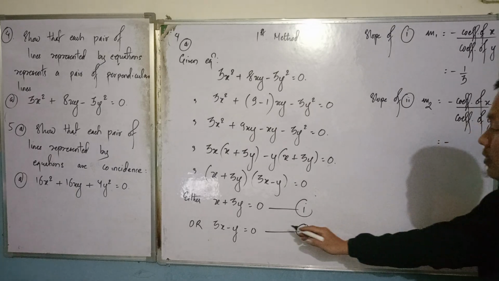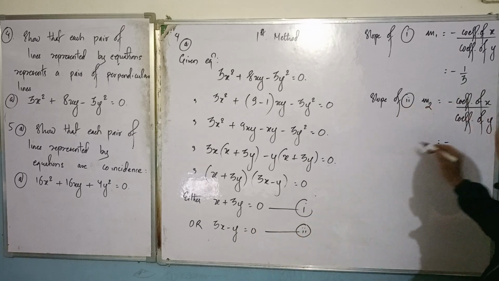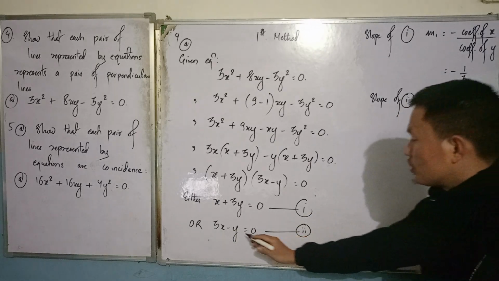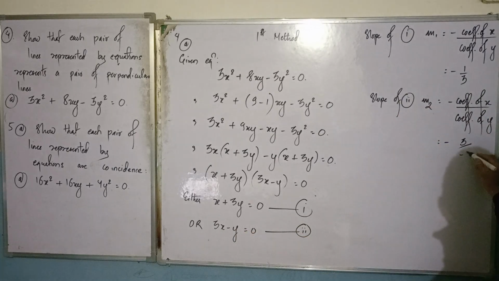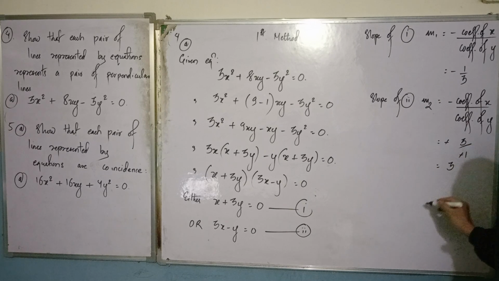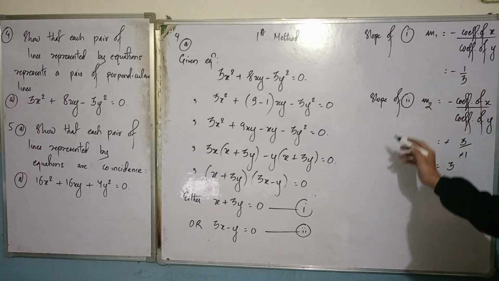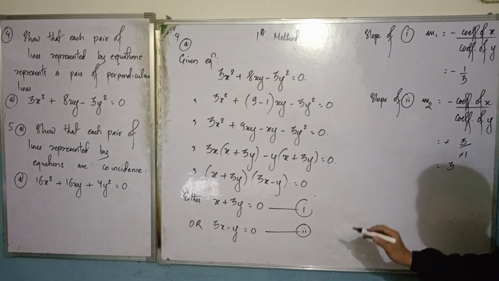Now the coefficient of x here is 3 and the coefficient of y is minus 1. In this case the minus signs cancel, and the only remaining is 3. So m1 is minus 1 by 3 and m2 is 3.